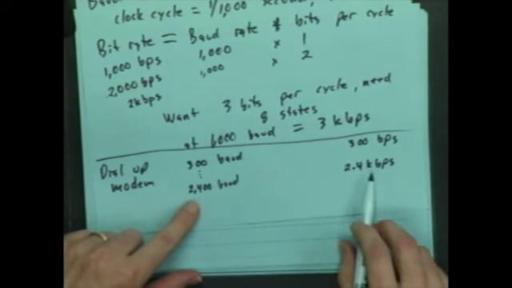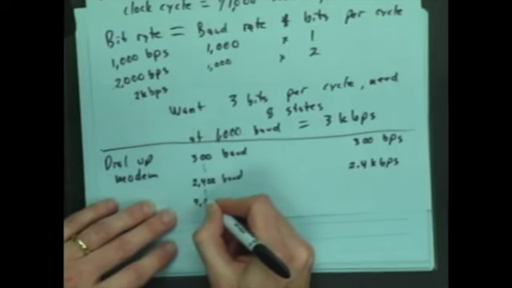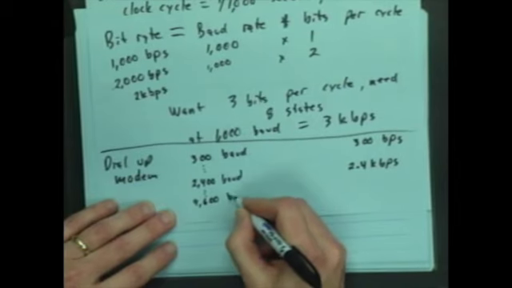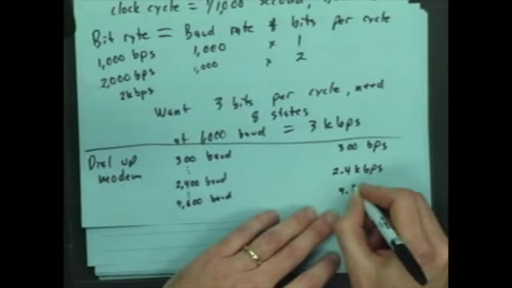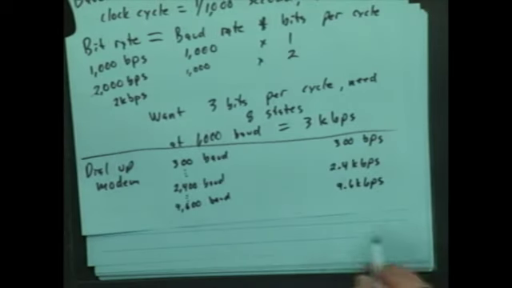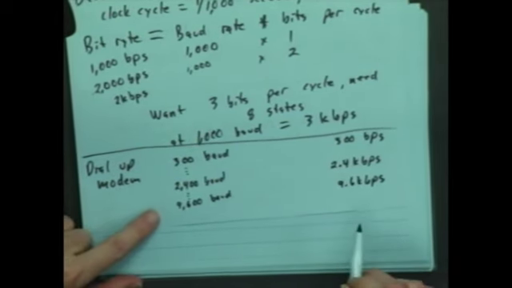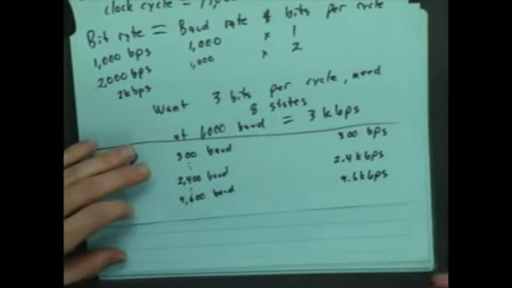So the baud rate and the bit rate were equal. At 9600 baud, that was the last time when you bought a modem that it was still 9600 bits per second. I shouldn't have written 9.6K because no one says that, but anyway.